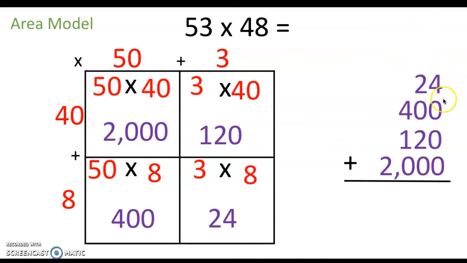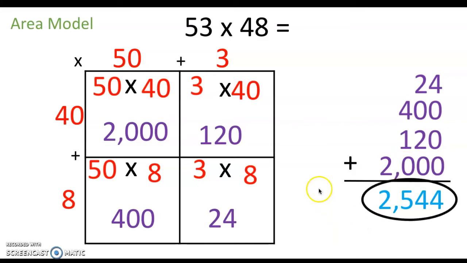So 4 plus nothing is 4, 2 plus 2 is 4, 4 plus 1 is 5, 2 plus nothing is 2. That gives us a grand total of 2,544. Good job, friends.